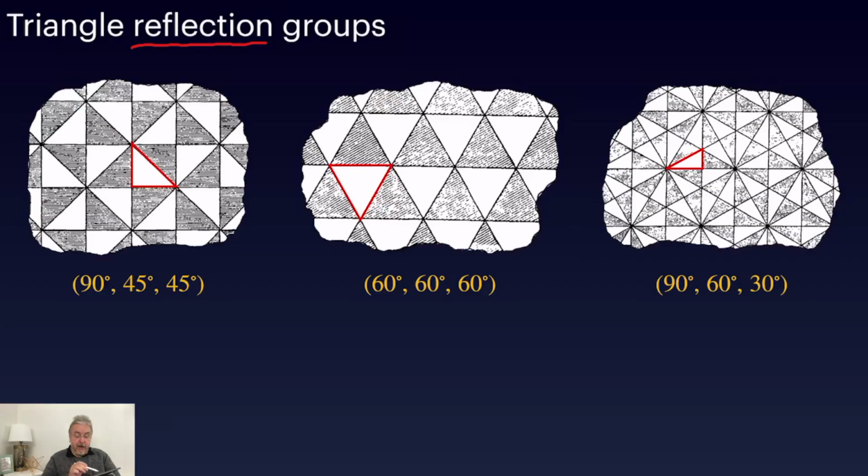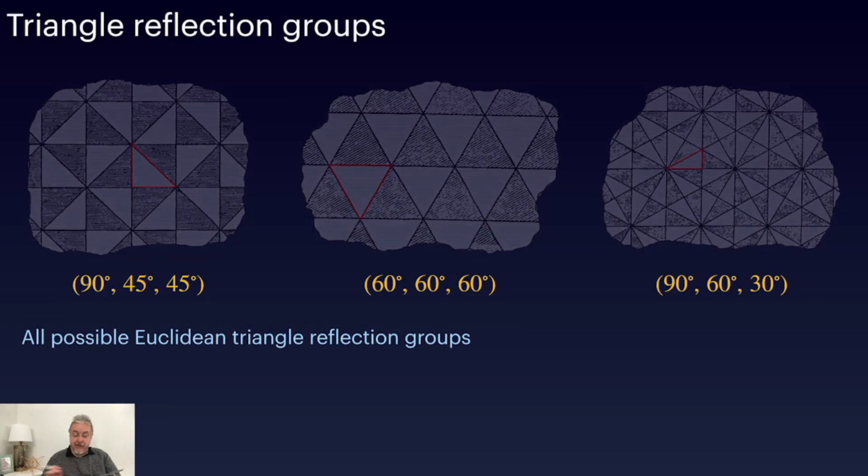And so you see here the 90, 45, 45, here you see the 60, 60, 60, and here you see the more exotic one here, the 90, 60, 30. And that you believe me that these are really triangle reflection groups.